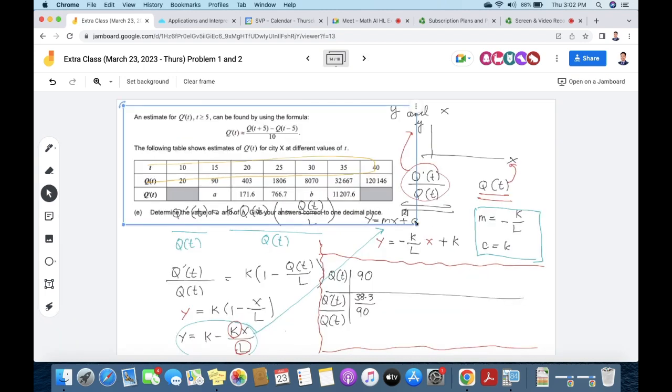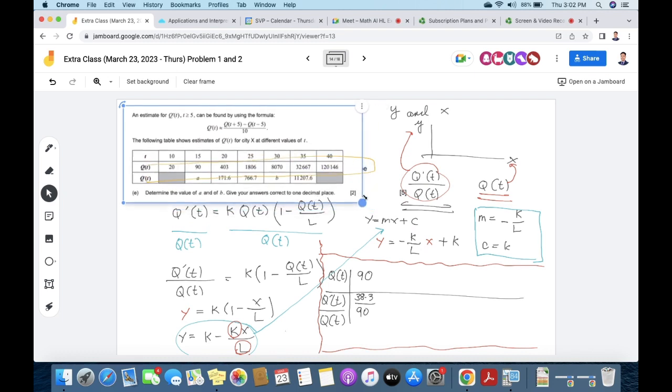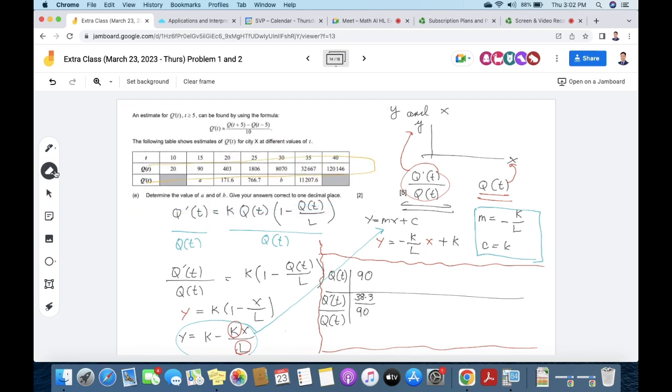So I'll do this one. Okay, and then I'd like you to do the linear regression. Try to see the values you will get. All right, proceed.